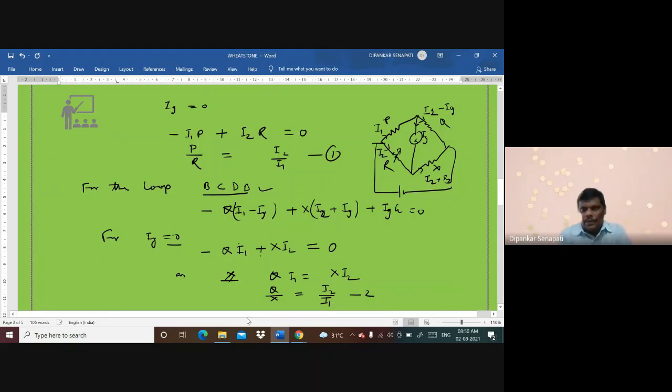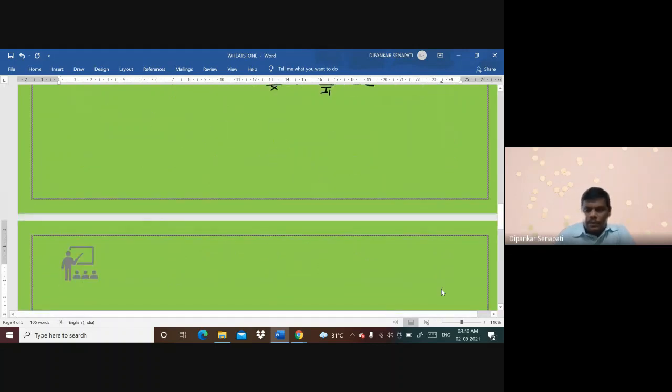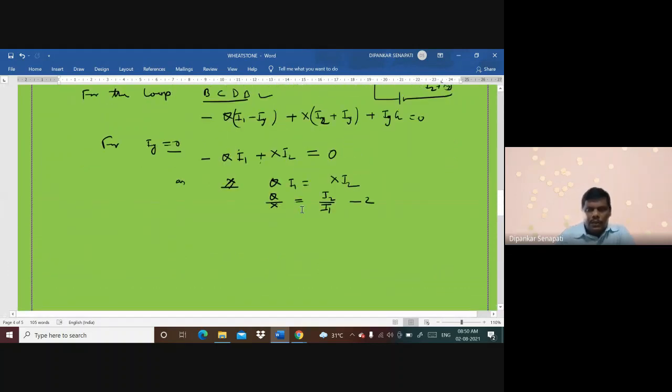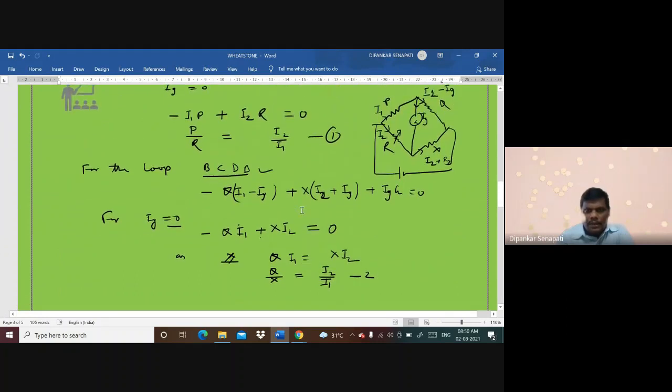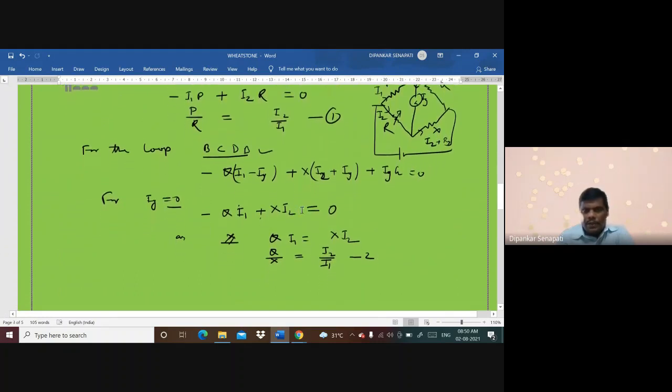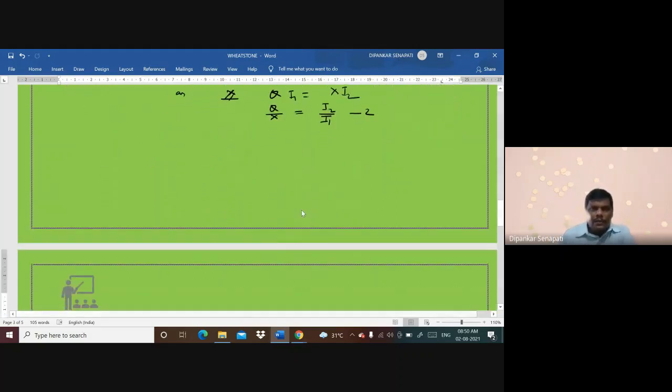Now let us compare these two equations, equation 1 and equation 2. In equation 1, the left side is P by R and the right side is I2 by I1. Here it is Q by X and the right side is I2 by I1. So the right sides are equal, and therefore we can make the left sides of both equations equal.